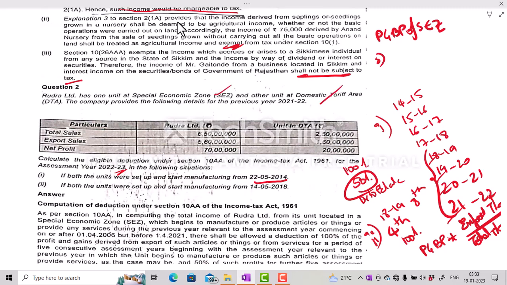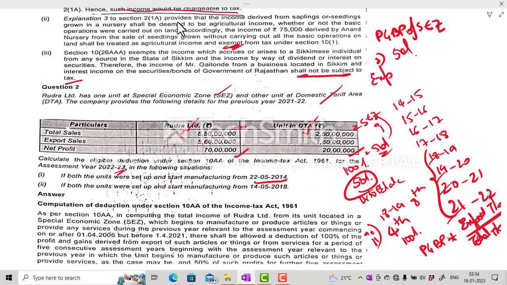They have given the total amount of Rudra Limited and the DTA amount. So if we subtract this from the total amount, we get the CES amount. So from total profit of 70 lakhs, deduct 20 lakhs, so that we arrive at 50 lakhs. PGBP of CES is 50 lakhs.